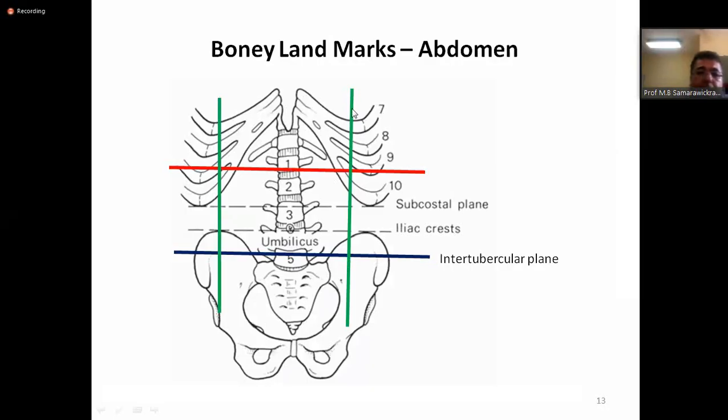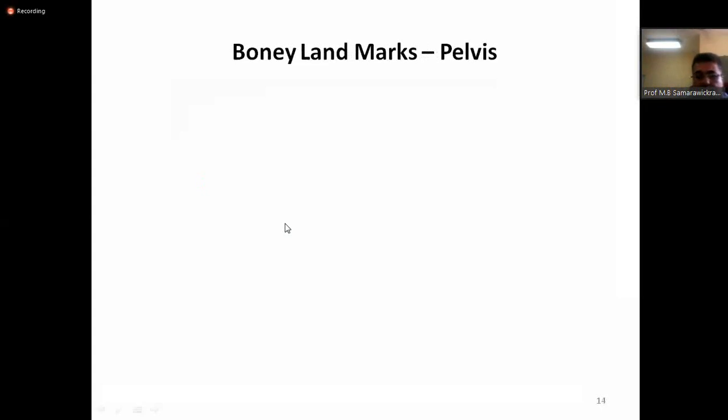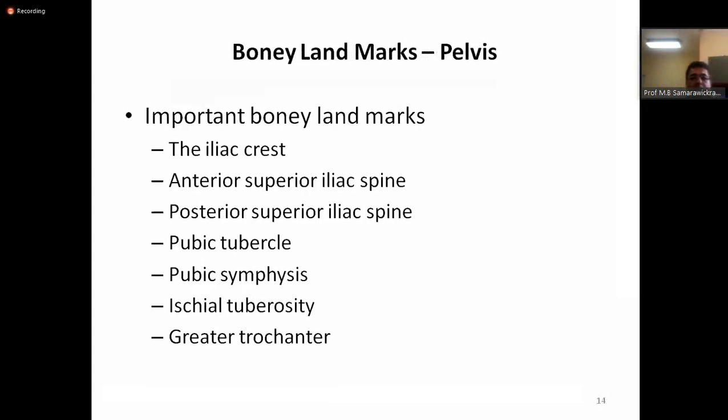The other plane is the transpyloric plane, which passes at L1. Then there are 2 vertical planes. Their lower end is at the mid-inguinal point, and the upper corresponds to the mid-clavicular line. So that divides your anterior abdominal wall into 9 regions, right? So you should know these. What are these 9 regions?